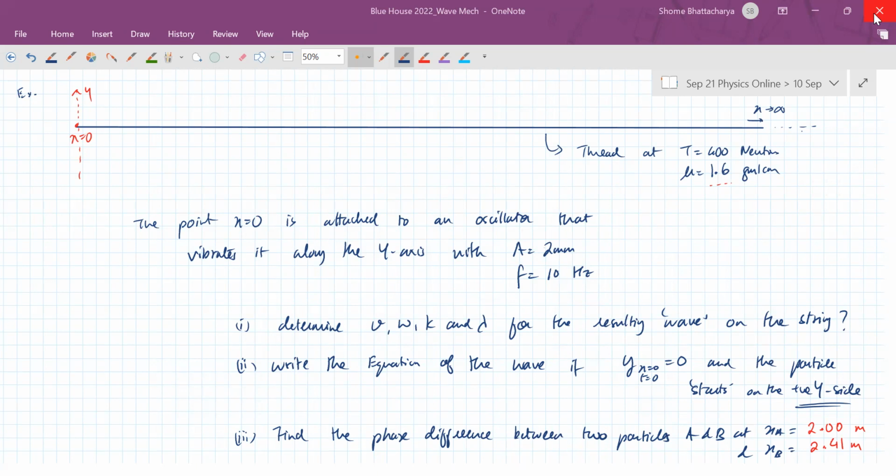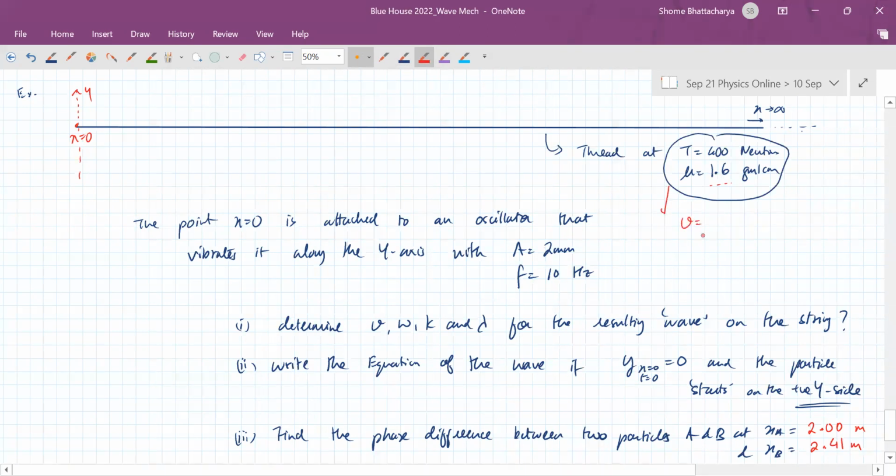Okay, let's check the answer. So from this information here, you can see that the wave speed, but only thing is you have to convert this to proper units.